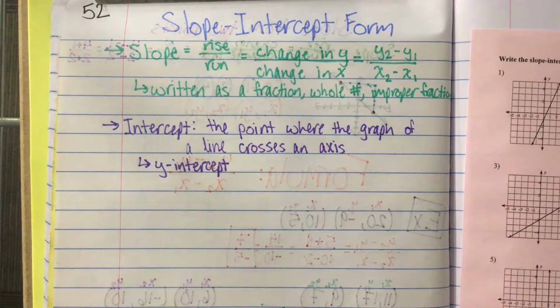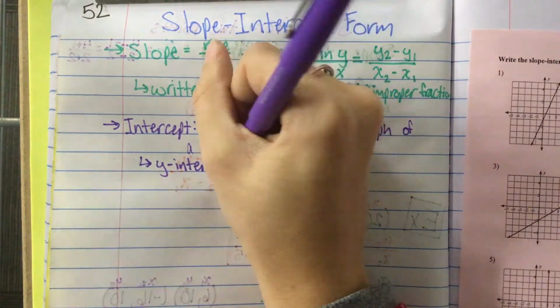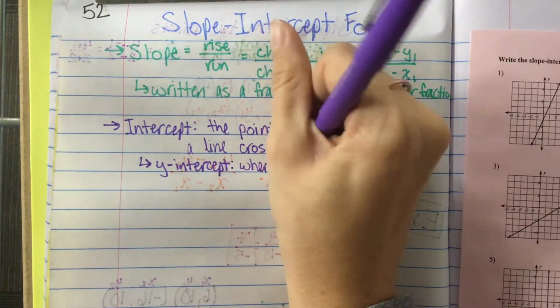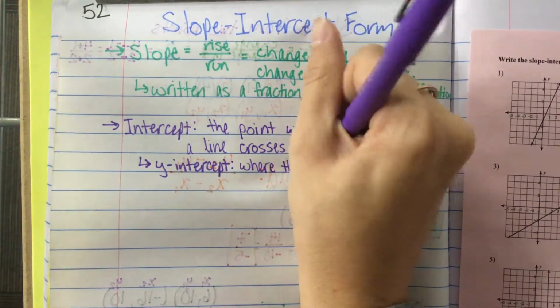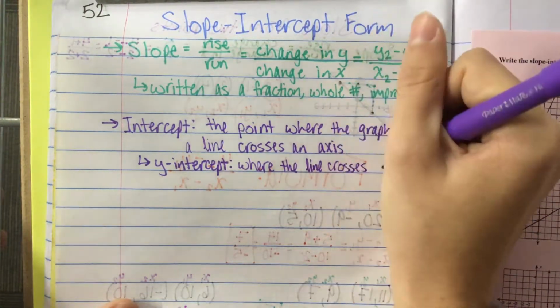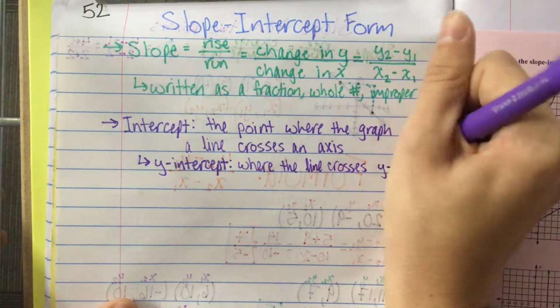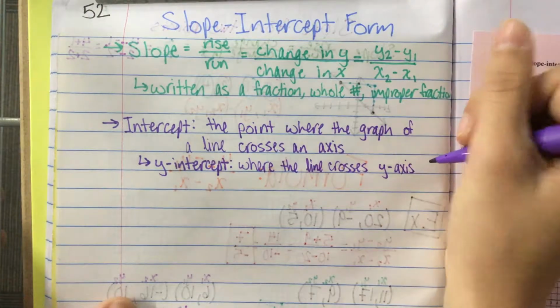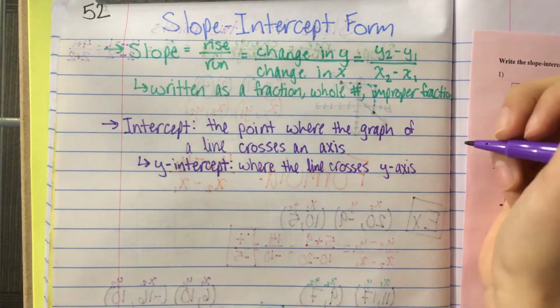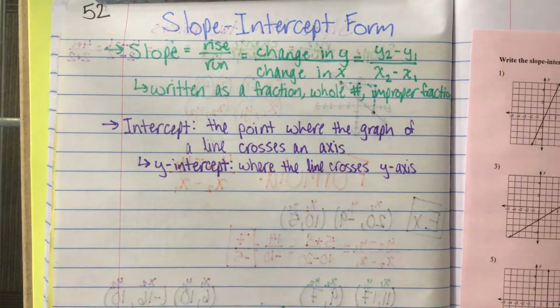Which axis is the y-axis? The vertical axis. Y-intercept: where the line crosses the y-axis, the vertical axis.